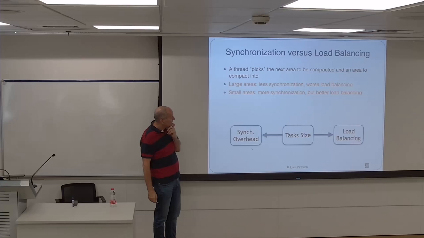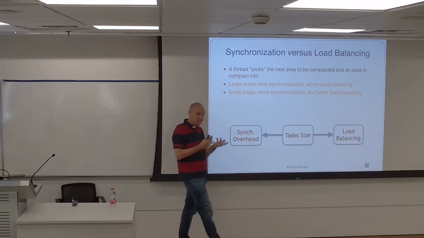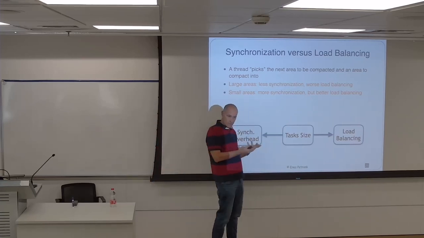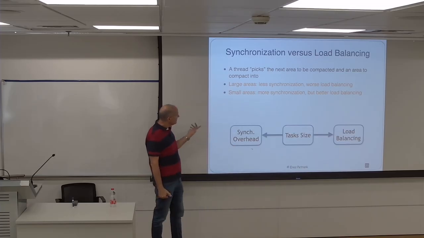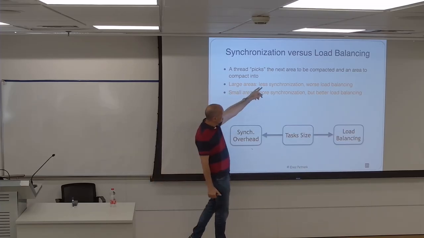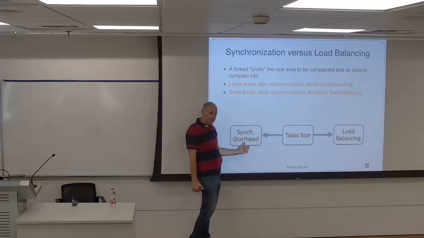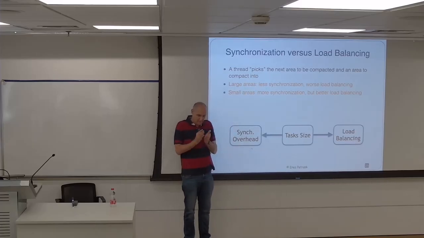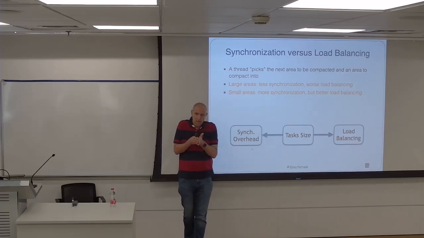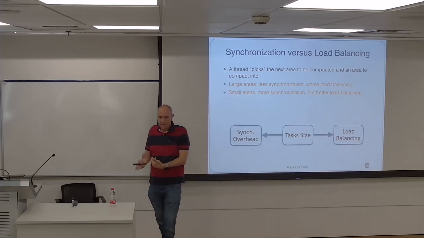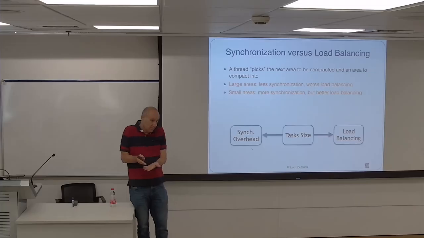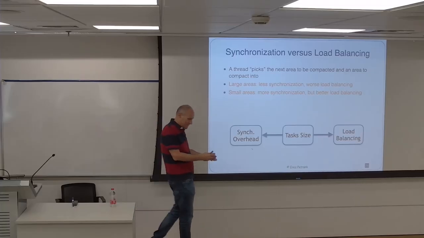So generally, there is this question of synchronization versus load balancing. So, like you said, if I want to pick an area, then picking the area needs to synchronize. If I have very small areas, then each time I'm picking one, I'm working a small amount of time.